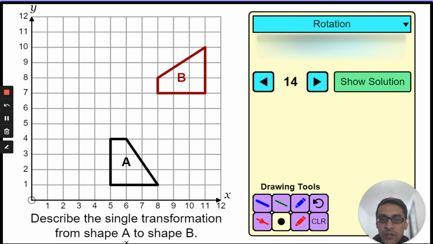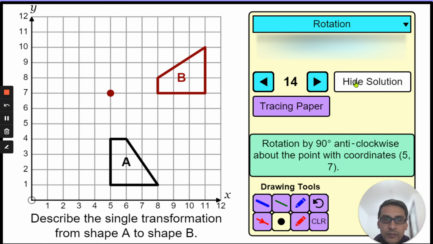Here, describe the transformation from A to B. So you can see it's been rotated somewhere, perhaps about here, the center of rotation. Now you should be trying this yourself and figuring out using a bit of trial and error to work that out. And you should hopefully get the following answer. So pause the video if you don't have it yet. So here's the solution. There's the center of rotation.